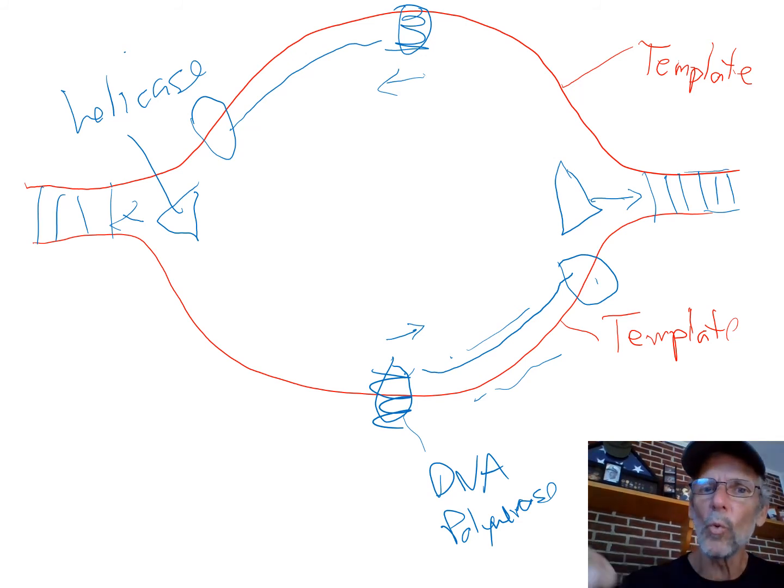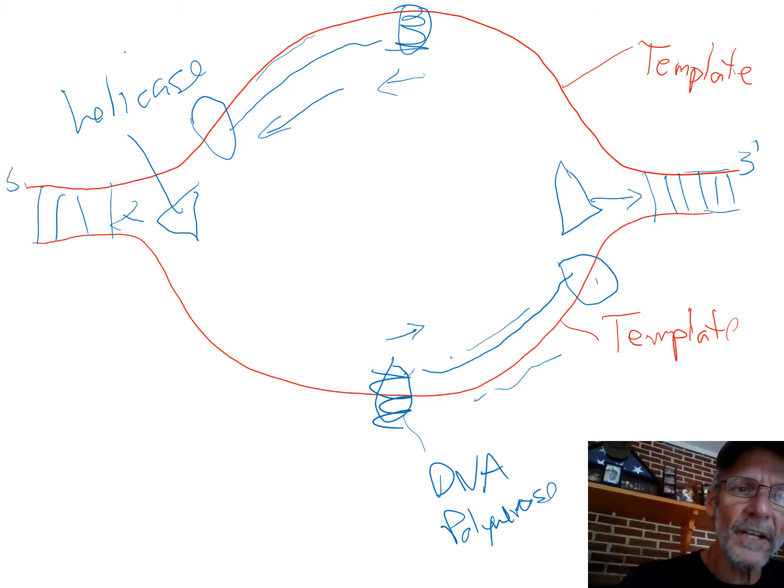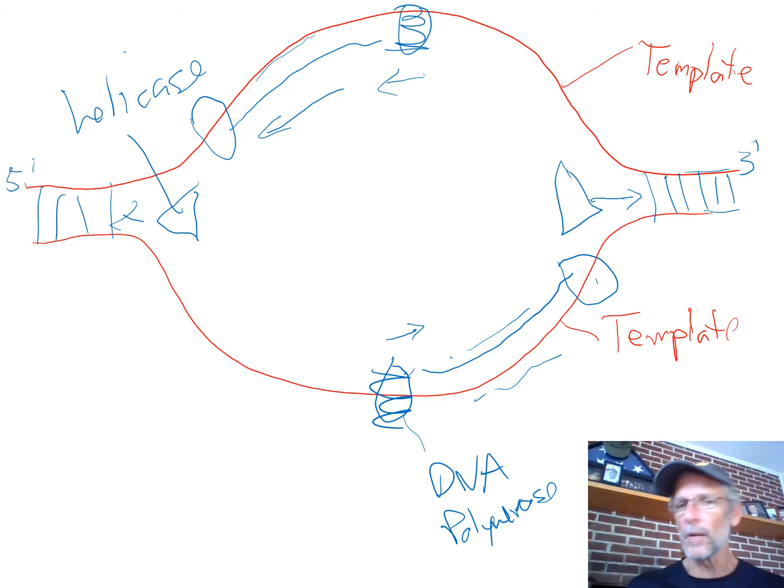And the way that it works is that this enzyme is always traveling along the template strand in the direction of the template strand's 3' toward its 5' end. Those numbers refer to the number of a carbon molecule in the ribose, that in class I'll show you all this.